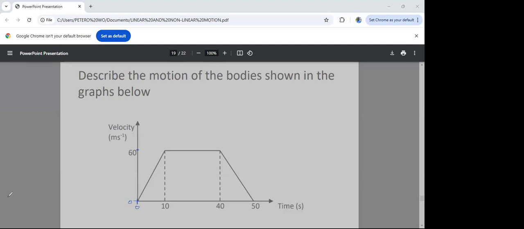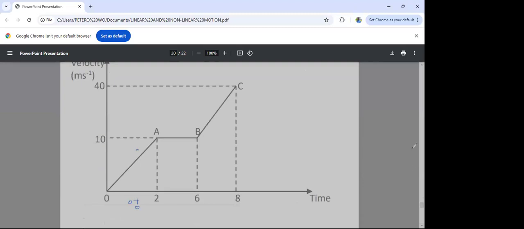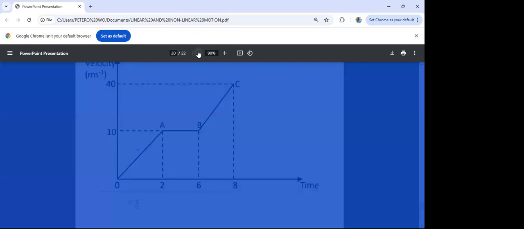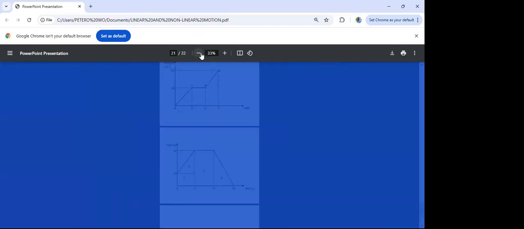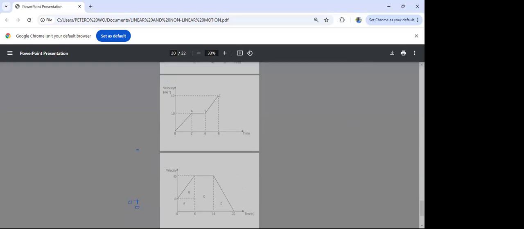So that is our first exercise that we're going to work on. This is our second one. So you have the second and the third. You please draw them.